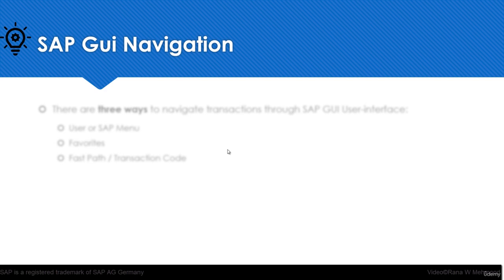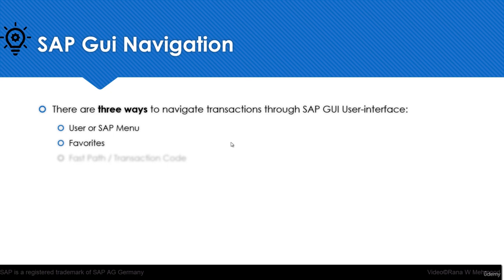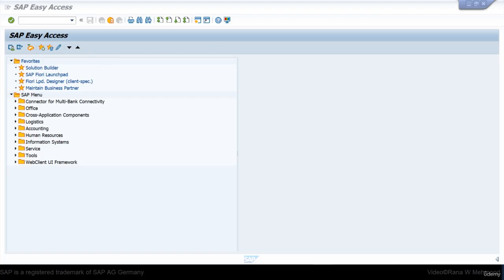There are 3 ways to navigate transactions through the SAP GUI user interface. The first one is user or SAP menu, the second one is favorites, and the third one is fast path or transaction code. So the first option to navigate transactions through SAP GUI is the SAP menu.